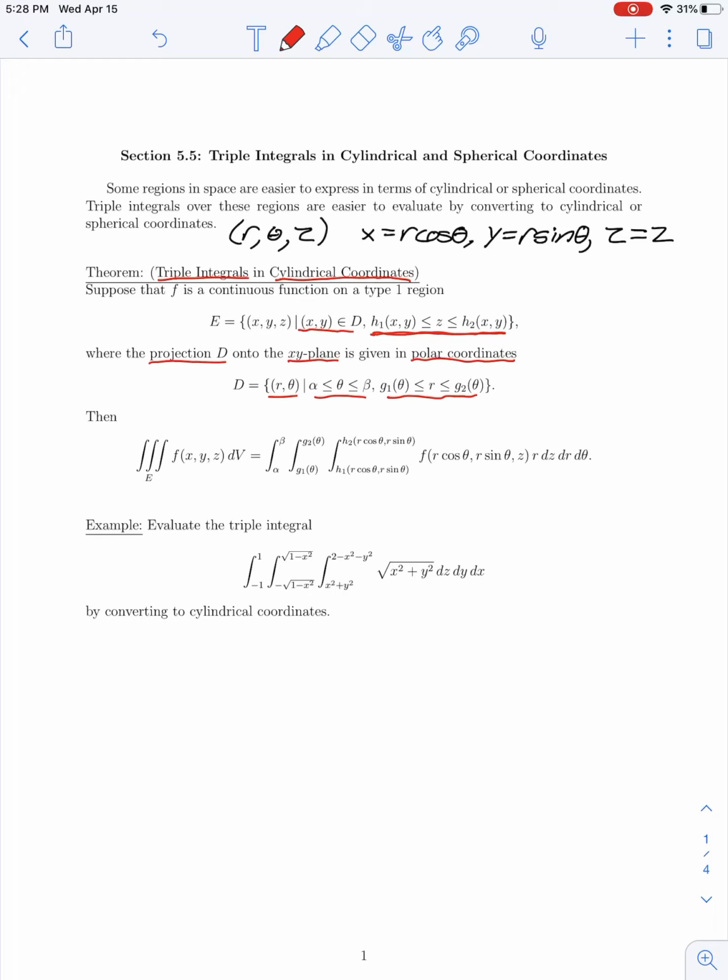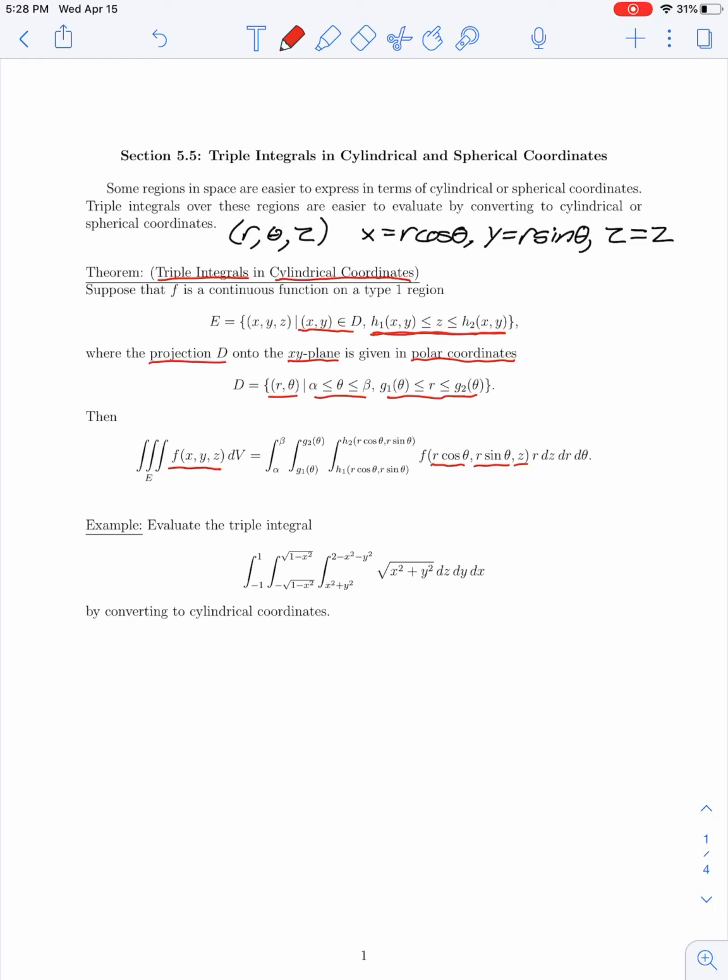So in order to evaluate the triple integral of our function f over that solid region E, we would use an iterated integral, which is making use of cylindrical coordinates. First, we would change our integrand from a function of x, y, and z to a function of the cylindrical coordinates. So x is replaced by r cosine theta, y by r sine theta, and then z is the z coordinate for cylindrical coordinates.